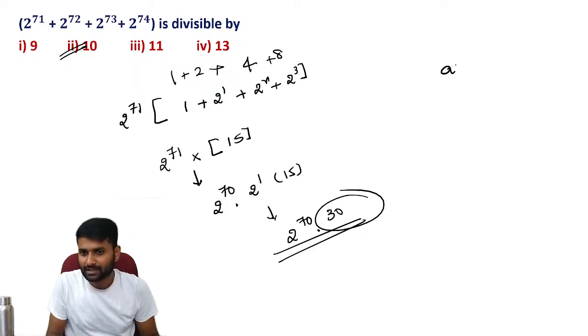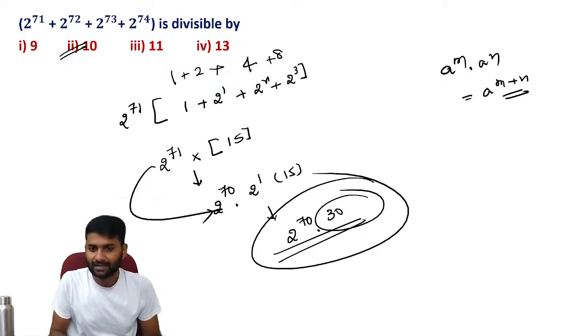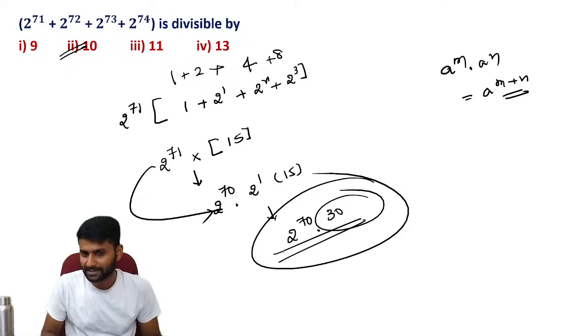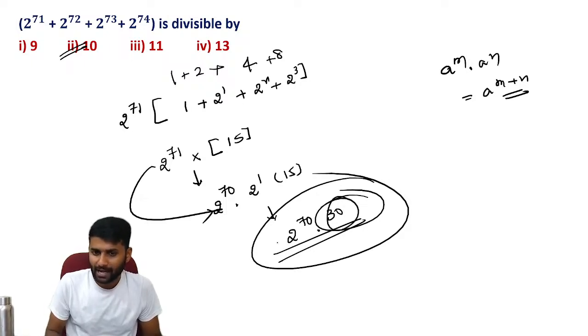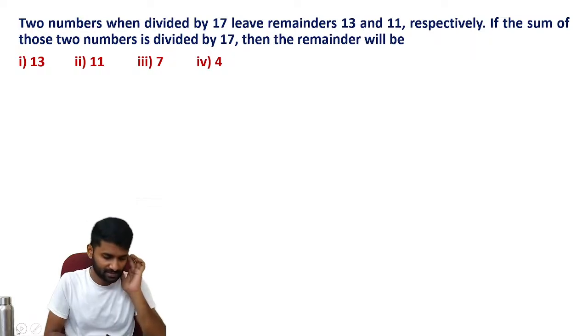We are using two properties here: a power m into a power n is equal to a power m plus n, and 2 power 71 can be written as 2 power 70 into 2. Finally, the entire expression is converted into 2 power 70 into 30, and 30 is exactly divisible by 10. That's why the entire number is also divisible by 10. So you can choose the answer. Next.